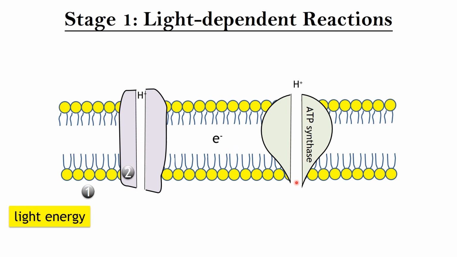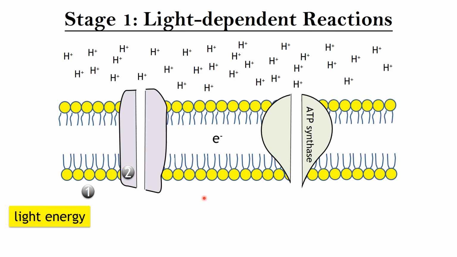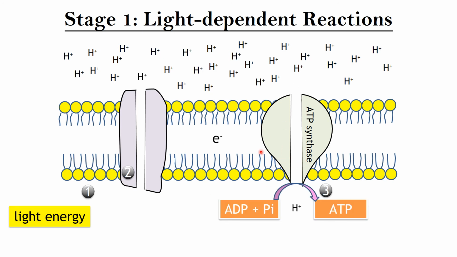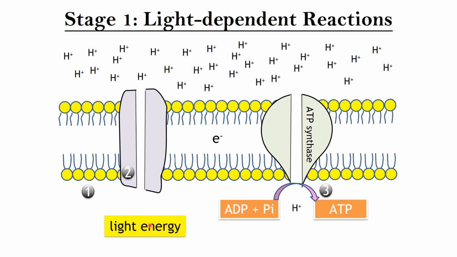As a result of that, hydrogen ions move across the membrane. This provides the energy for that to happen. Then number 3, hydrogen ions come back across the membrane, activating ATP synthase to produce ATP. So ADP plus Pi produces ATP. Exactly the same thing as respiration.